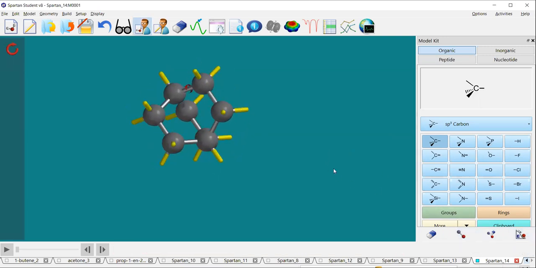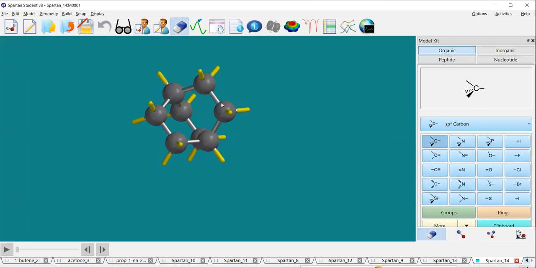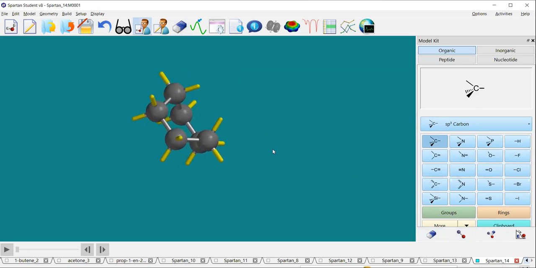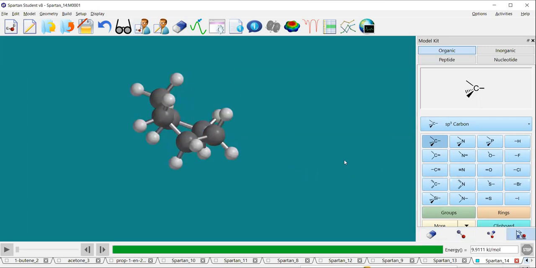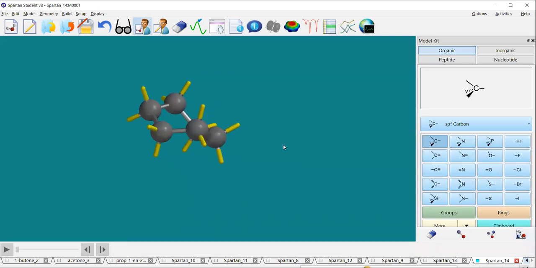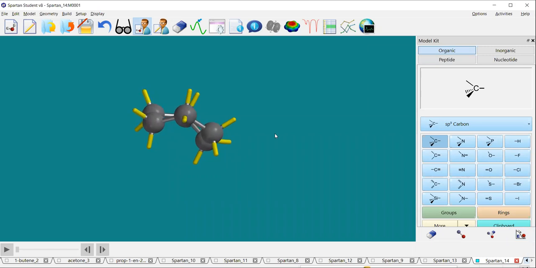What I'm doing right now is constructing my boat again. Then when I minimize it, I will get my twisted boat. And I have to repeat all measurements for the twisted boat. You see it's twisted. Now I'm looking at the Newman projection.